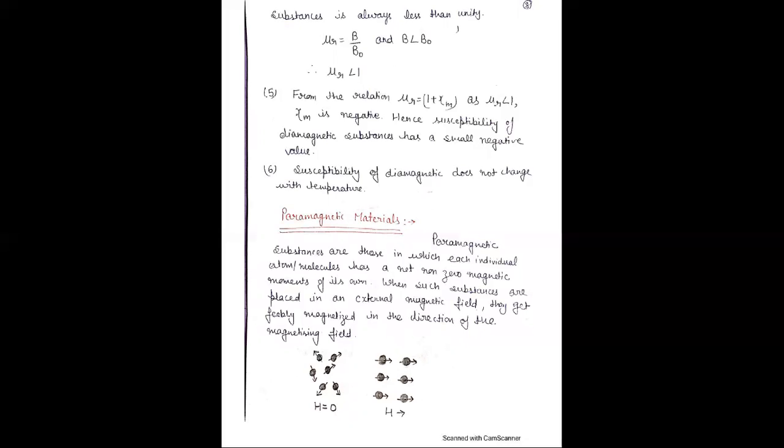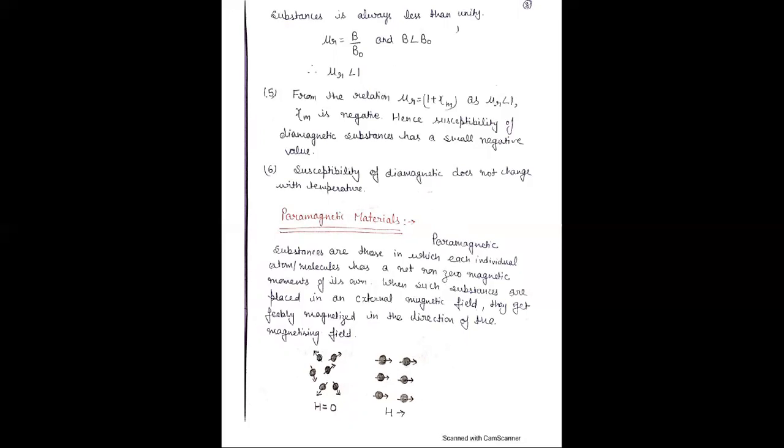Now the next is paramagnetic materials. Paramagnetic substances are those in which each individual atom or molecule has a net non-zero magnetic moment of its own.